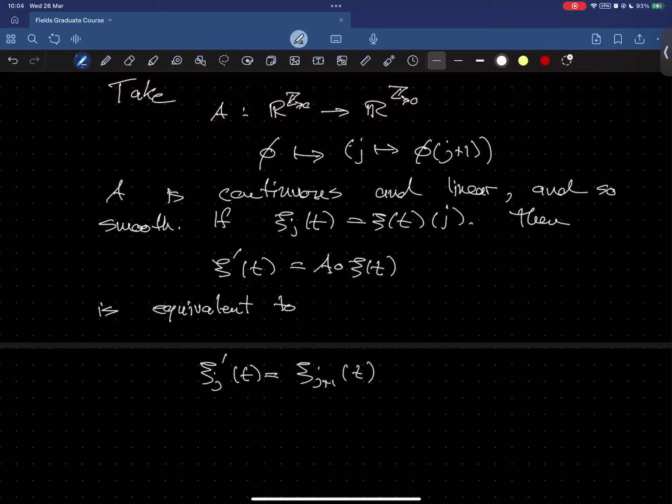Right. And so we're going to have some initial condition here again. Let's say that C 0 is equal to phi 0, and so Cj 0 will be, sorry, phi 0 at j.